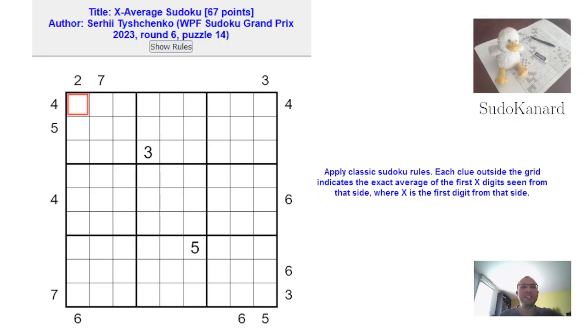We're here to solve this X-average Sudoku by Ukrainian author Serhii Tyshchenko. It was featured in the latest WPF Sudoku Grand Prix, and it was the only unusual variant of Sudoku featured in this round. I did a training video, a practice puzzle by Richard Stock, a few days before the event, and it was very useful to learn the tricks for this variant.